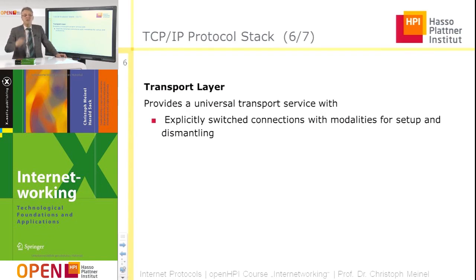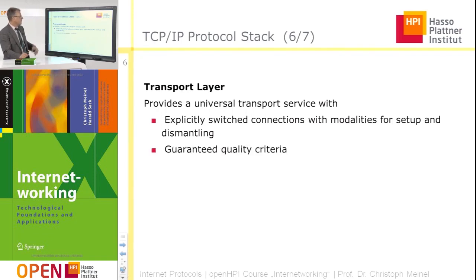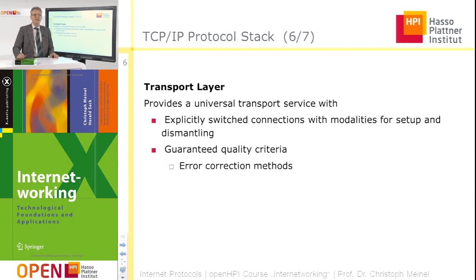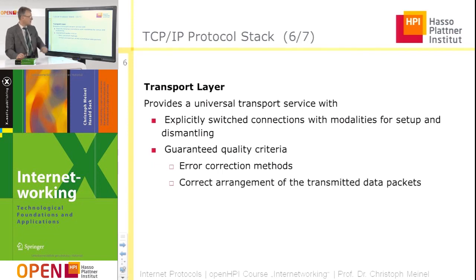These are virtual connections which provide the guarantee that the packets arrive and that they arrive in the correct order. This is a responsibility of the transport layer, that there are guaranteed quality criteria, including error correcting methods, including the correct arrangement of the transmitted data packets.